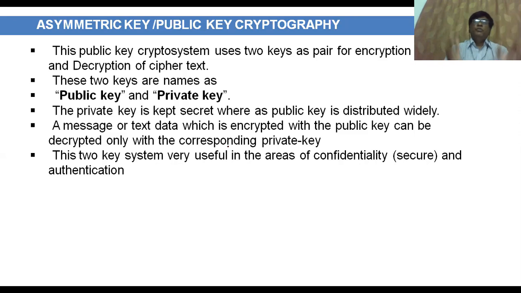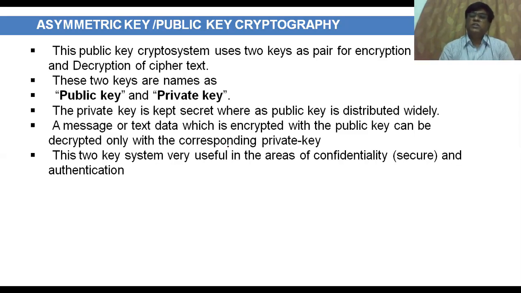Assume you want to use a pair of keys, a public key and a private key. If you use one key for encryption, you should use its corresponding other key for decryption. If you use the public key for encryption, you should use its corresponding private key for decryption.